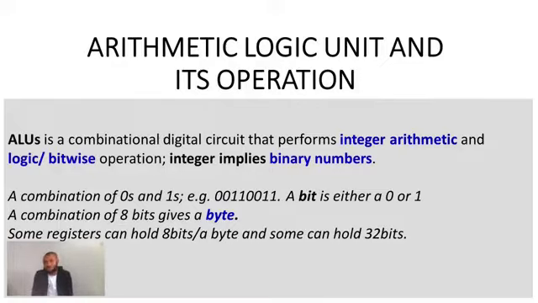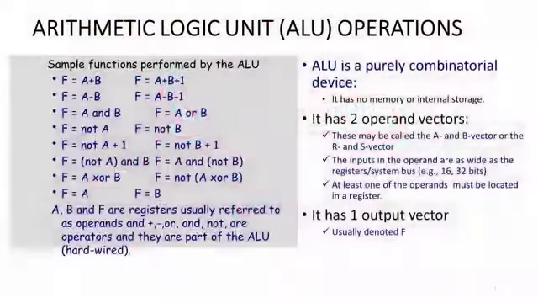Each processor decides to give this chunk of bits their various names. We also made mention here that some registers can hold 8 bits, the byte, and some can hold 32 bits. So let's quickly move to what we have next.